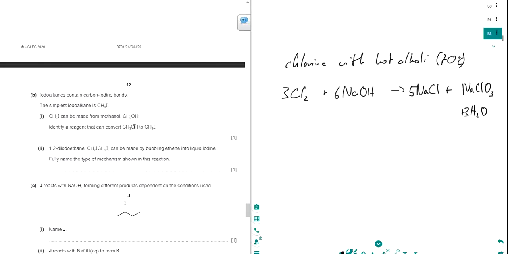We have different options here. Easiest is probably just HI, but there are other options. PI3, for example, or phosphorus in the presence of iodine.